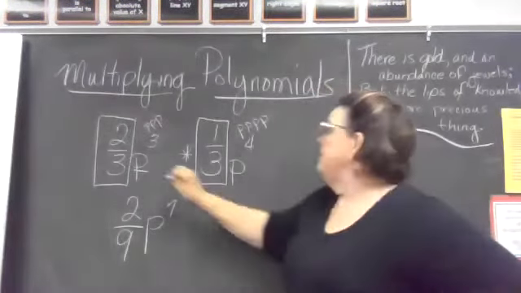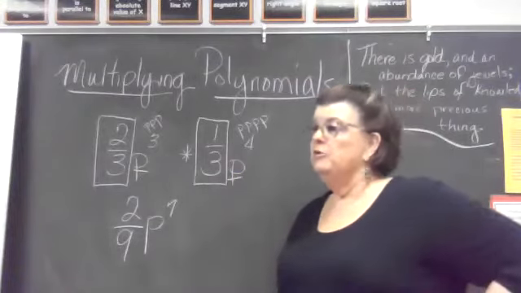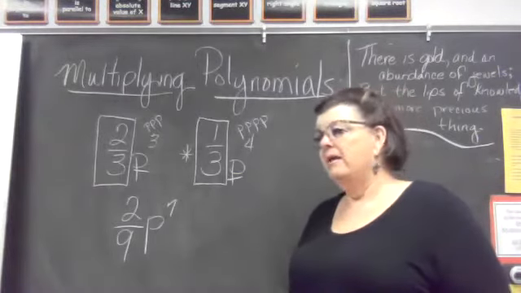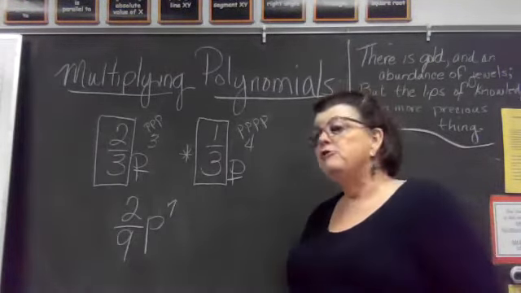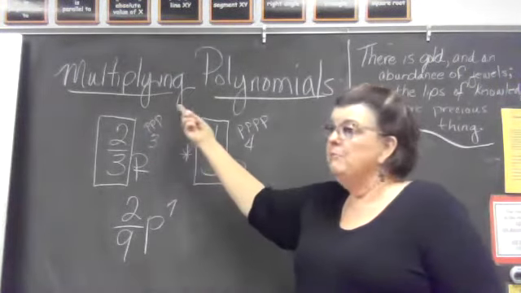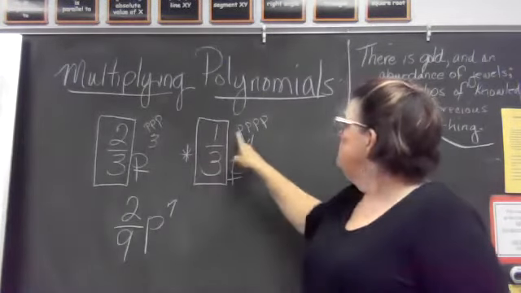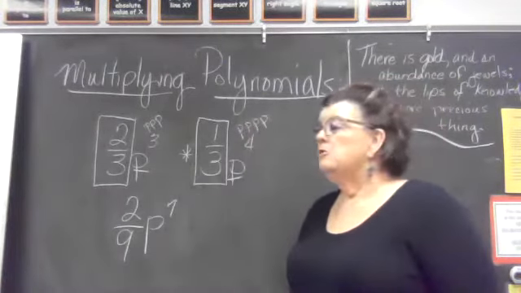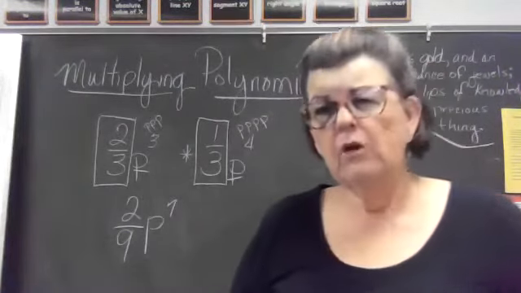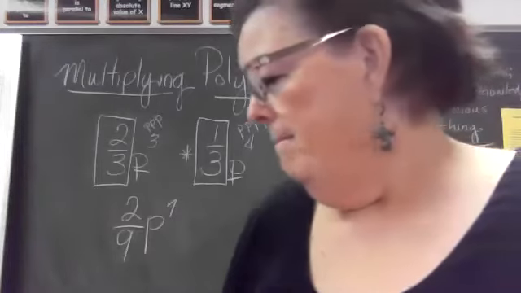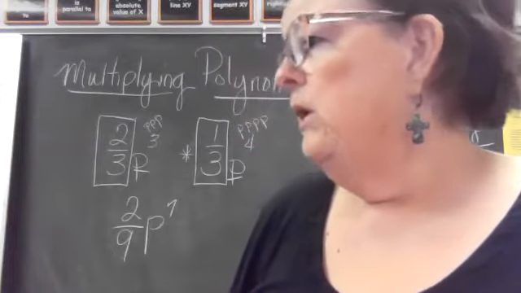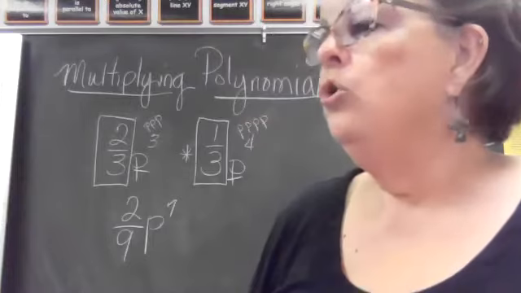Whenever you're multiplying same bases, you add the exponents. And if it helps you for a while, do this. P to the third means p times p times p. Write them up there if it helps. Times p times p times p times p. Does that go for all of the exponents, like adding and subtracting?